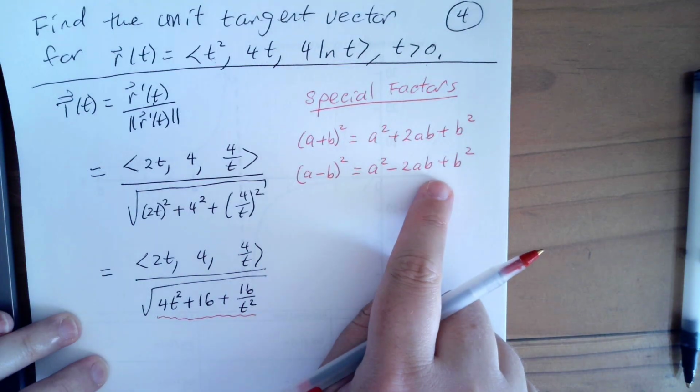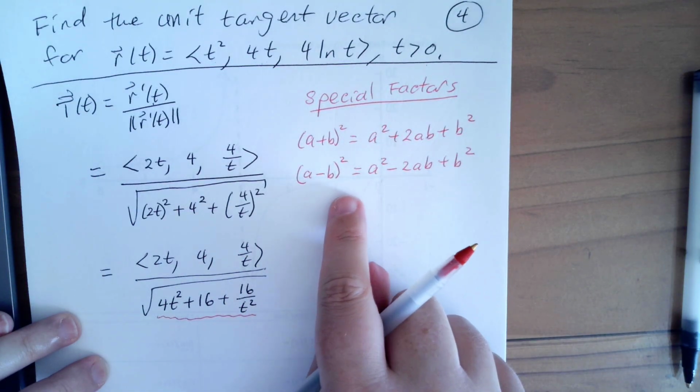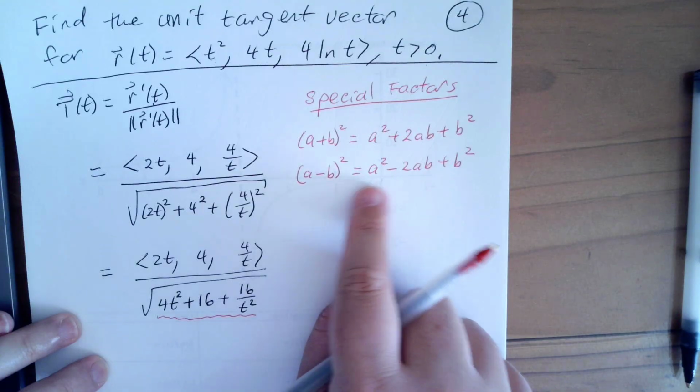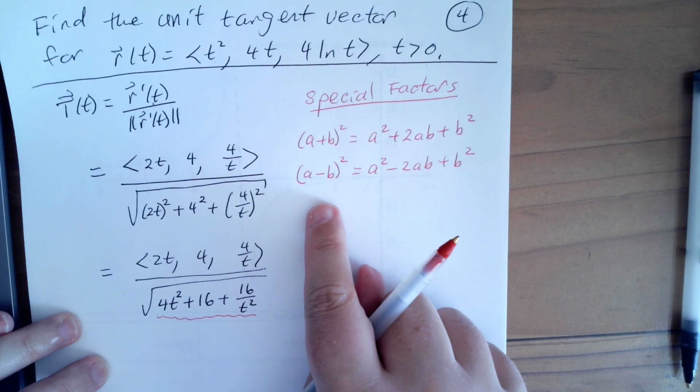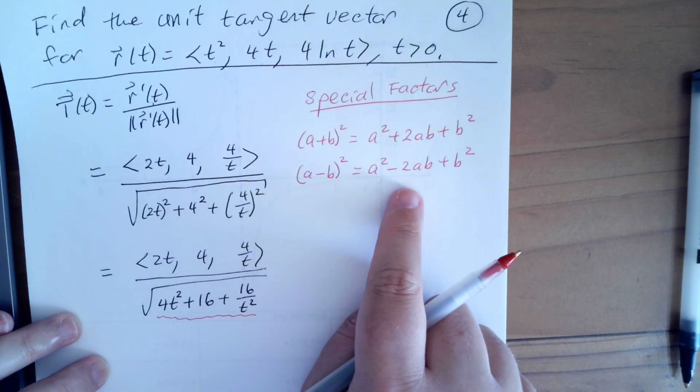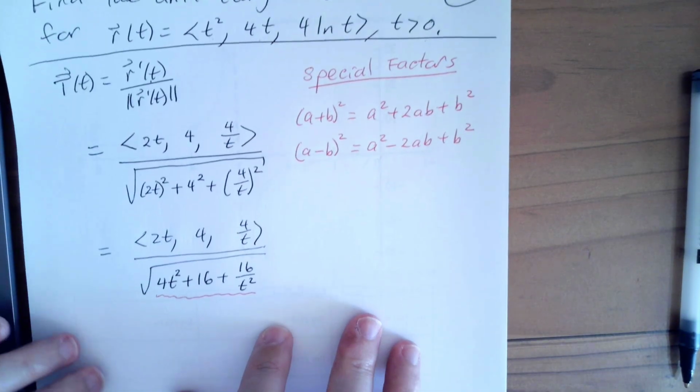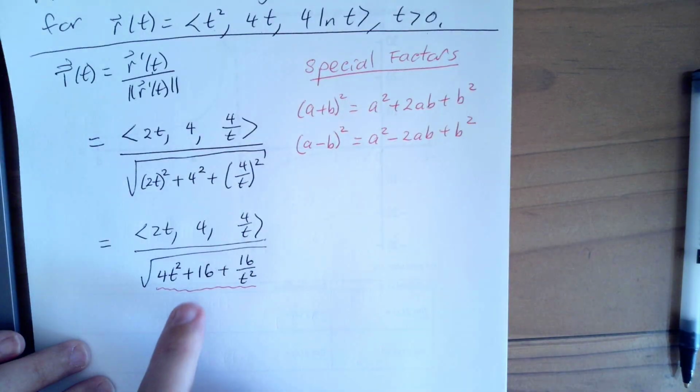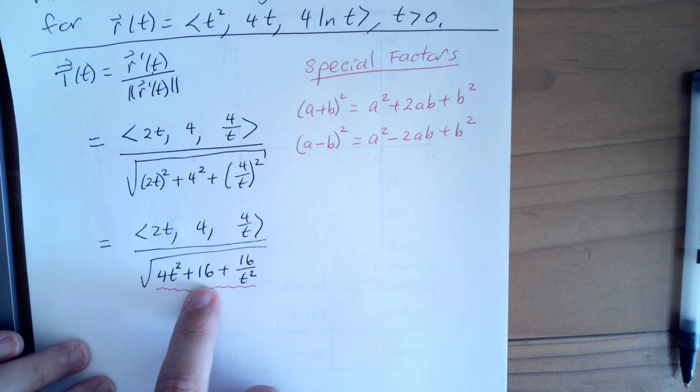And I bring these things up because when we get to unit normal vectors, and the other topic that we're going to be looking at is what's known as arc length and curvature, it will be very beneficial to know these things so we can get rid of a square root. Arc length, I will tell you now, involves an integral.